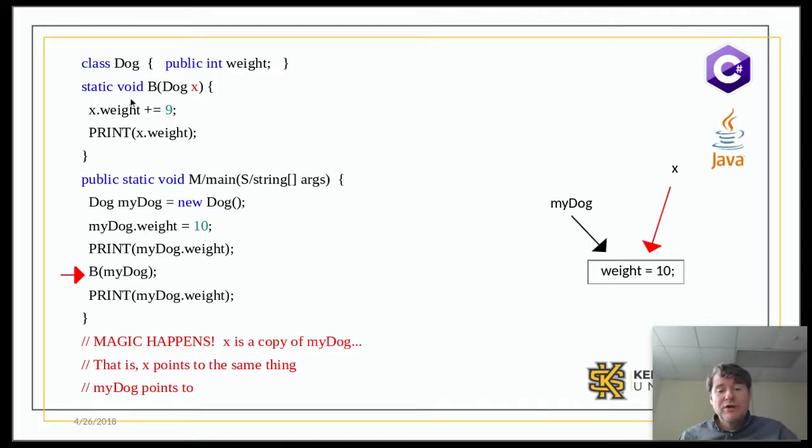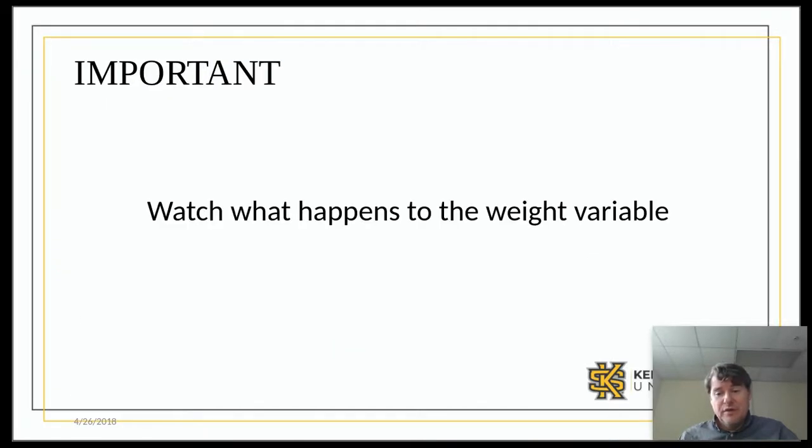So when we are inside of B, if I update the weight, if I say x.weight plus equals 9, I think you can see what's going to happen. When I follow x to the object in the heap, and I access the variable weight inside of that, and I update it, this 10 is going to update to 19.